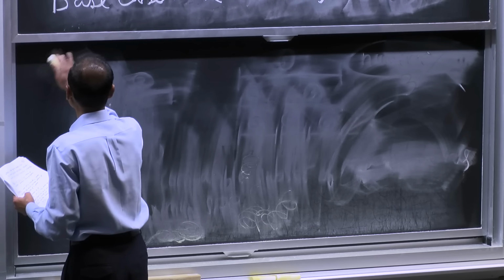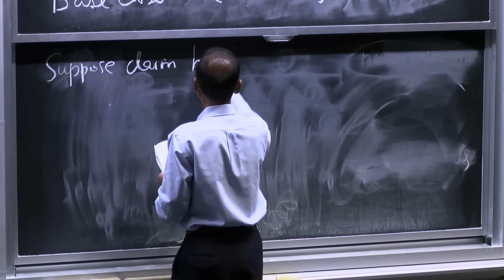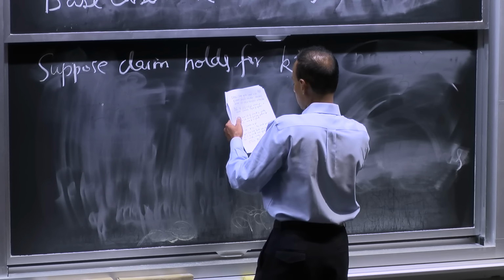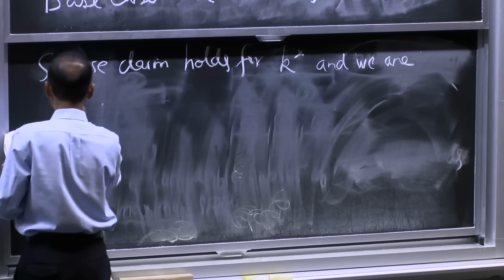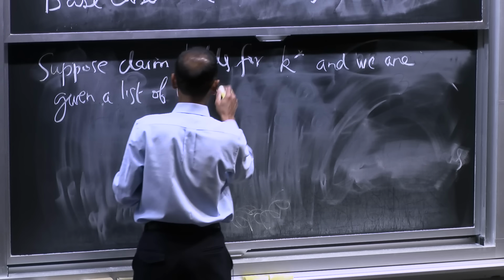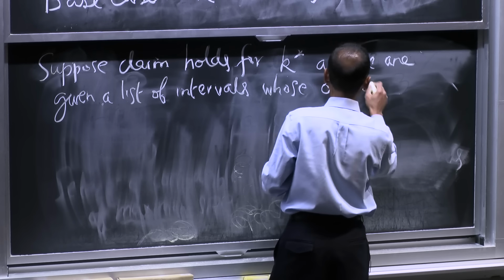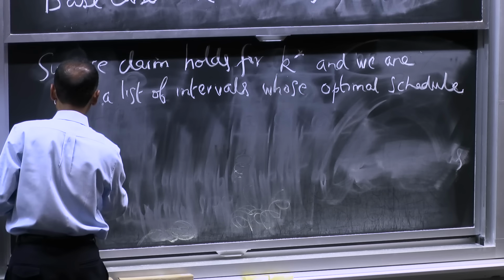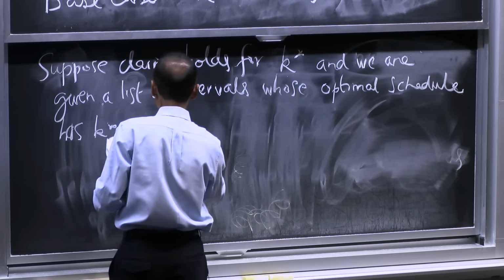So let's say that the claim holds for k star, and we are given a list of intervals whose optimal schedule is k star plus 1. It has k star plus 1 intervals in the optimal schedule.